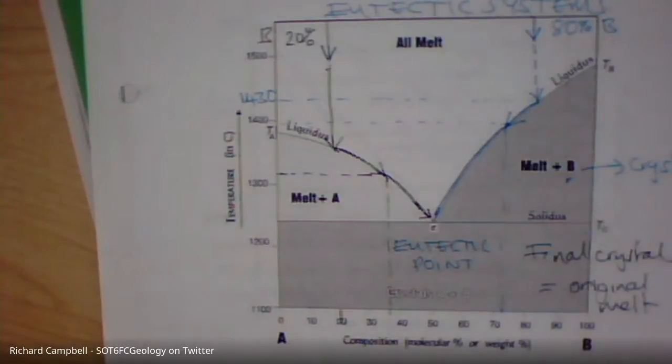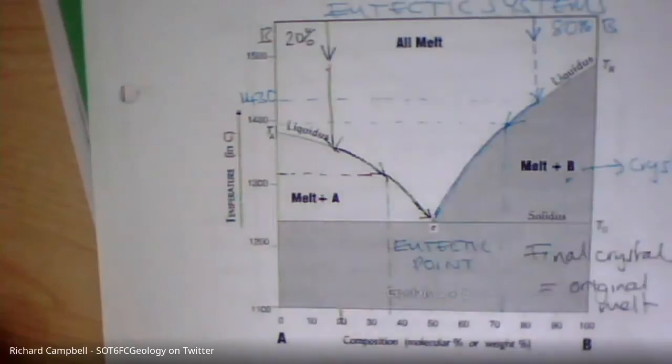But an important thing to remember with phase diagrams is that whatever starting composition you have, your final crystallized composition will be exactly the same. Okay, so that's your summary of the phase diagram.